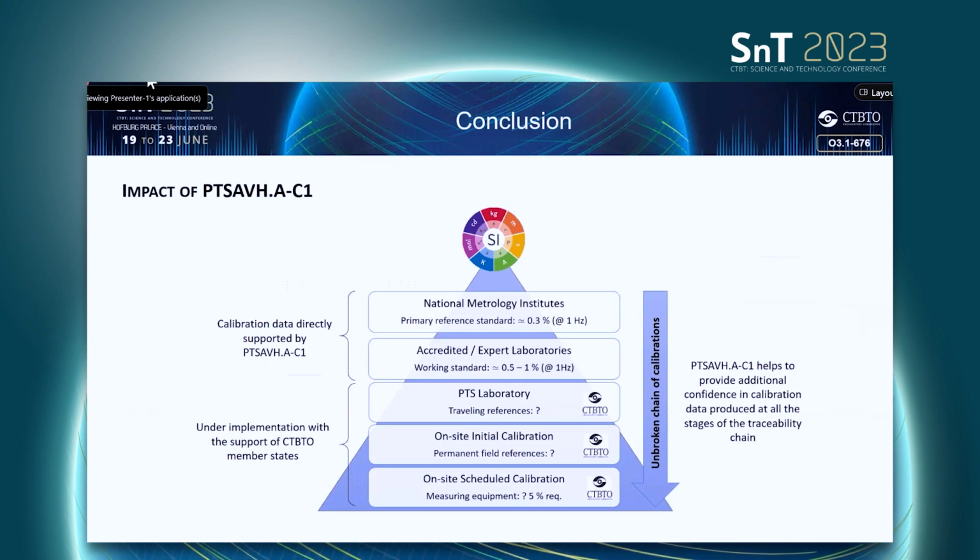But by definition, the metrological traceability chain is an unbroken chain of calibration, so it also provides confidence in the data produced at the lower stages of the traceability chain, up to the on-site calibration steps which are under implementation by the CTBTO. So thank you very much.